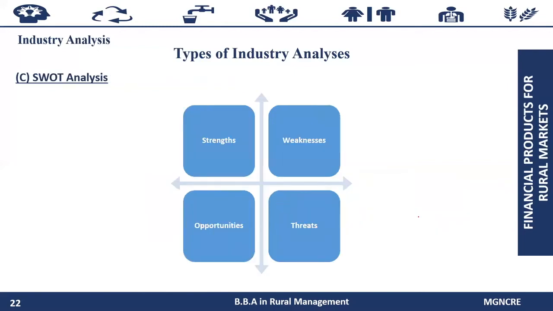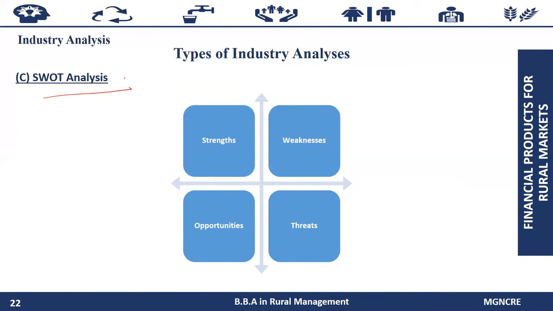Then lastly, we will talk about the SWOT analysis. So in this industry analysis type, SWOT is an acronym. It represents a framework which helps an industry to evaluate the overall performance of the organization.